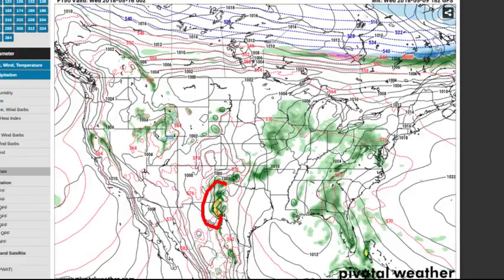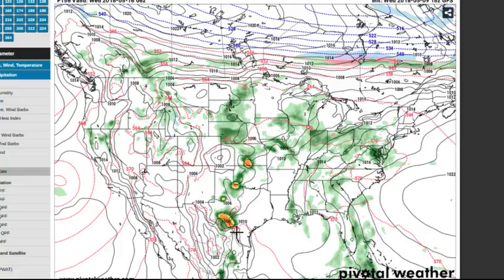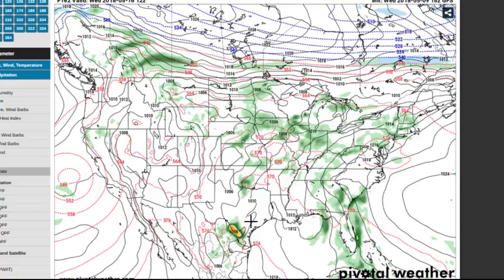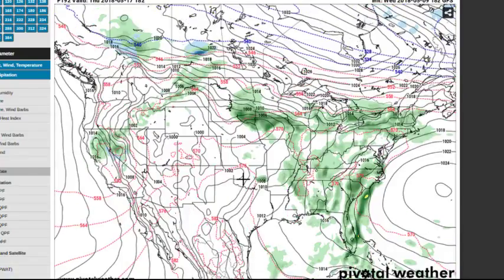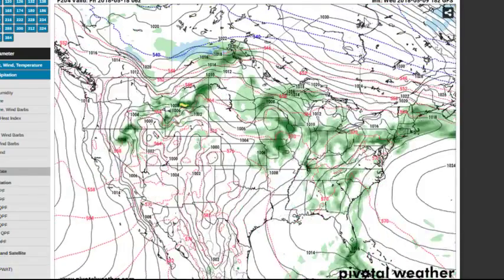And it looks like here we're starting to get some upper dynamics. That's probably some upper forcing coming into the Texas area there. Anyway, for next week, continued southerly flow. So this is looking a little bit more optimistic compared to what the model looked like yesterday. There is definitely still more cold air up to the north.